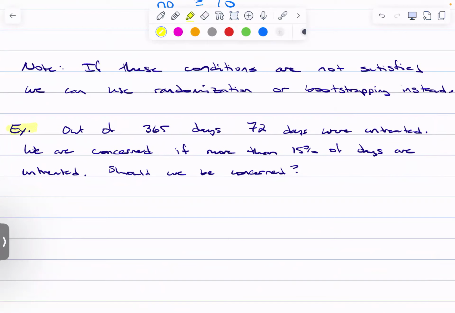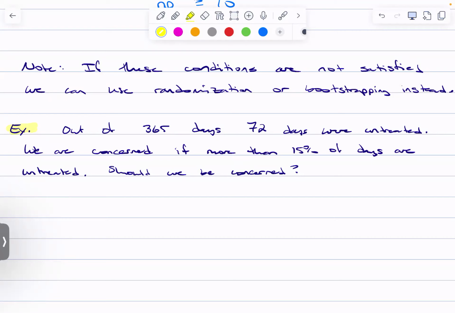So now we're ready to do this sample. If you're trying to establish if you are concerned or not, then you're comparing your sample proportion to 15%. And so what we need to do is a hypothesis test.